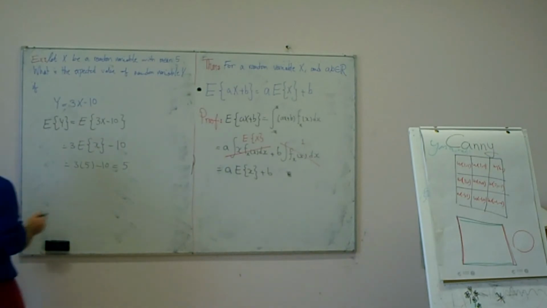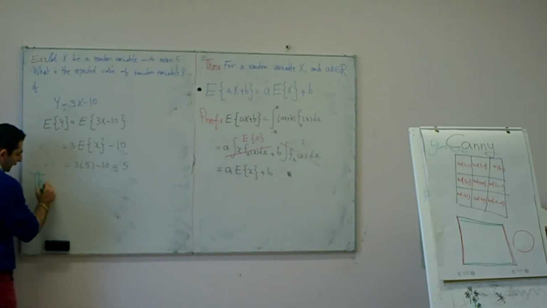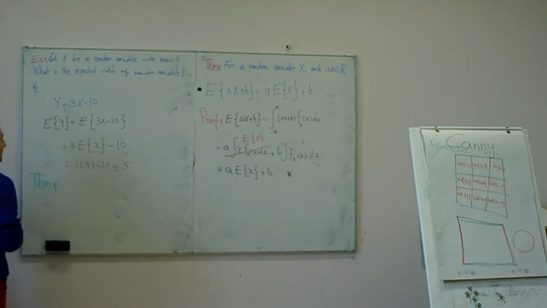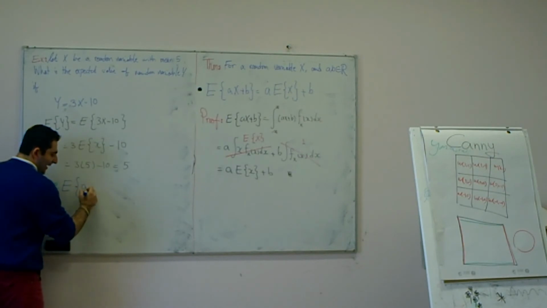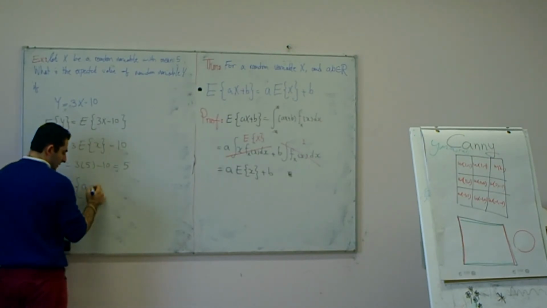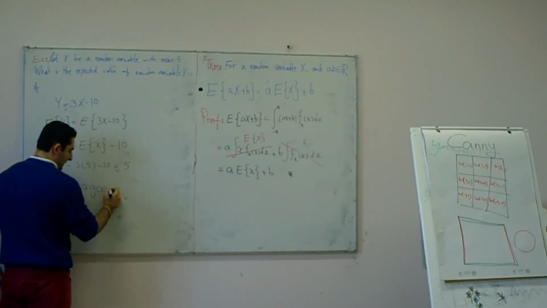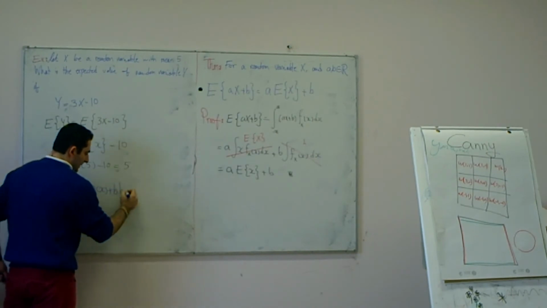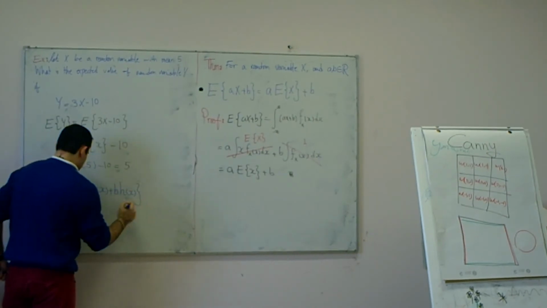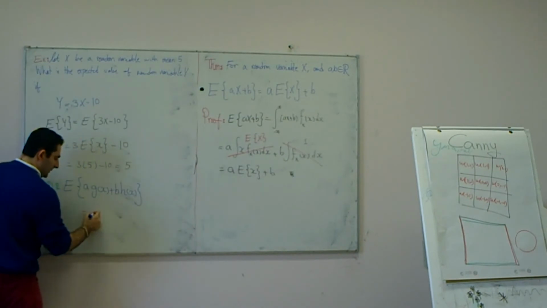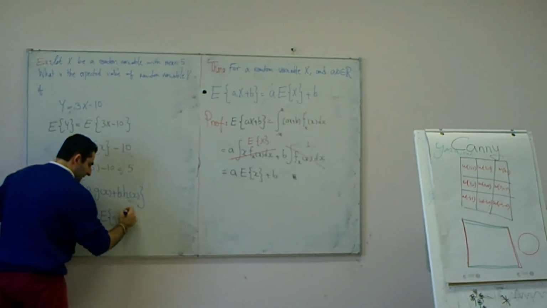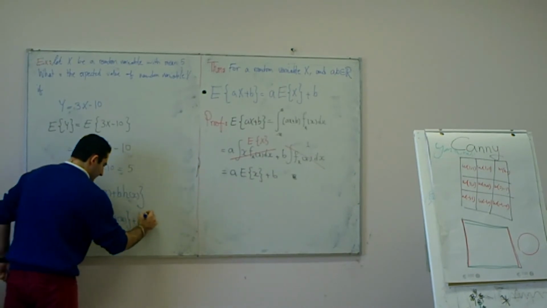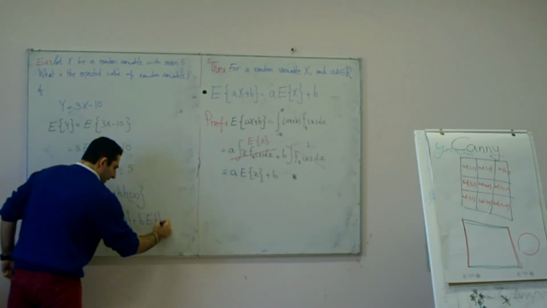And the general form of this theorem, which can be similarly proved, is: expected value of a g(X) plus b h(X) is equal to a times the expected value of g(X) plus b times the expected value of h(X).